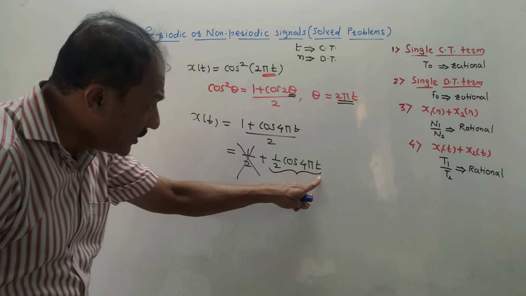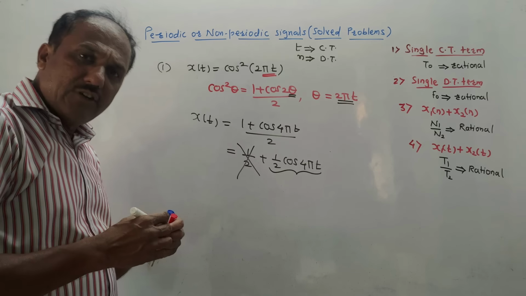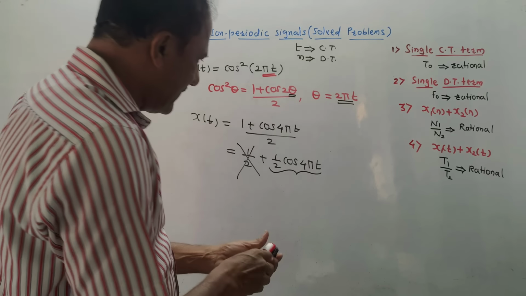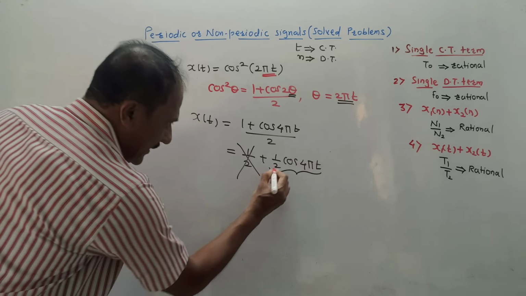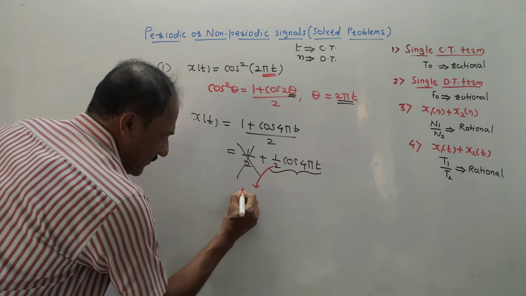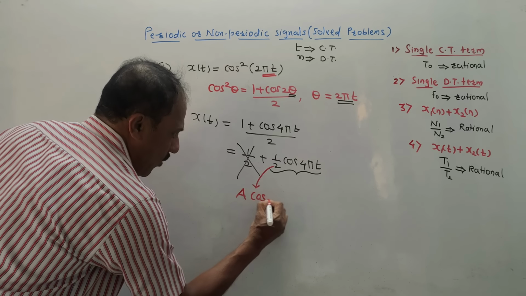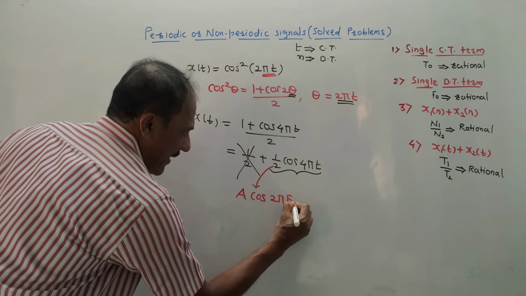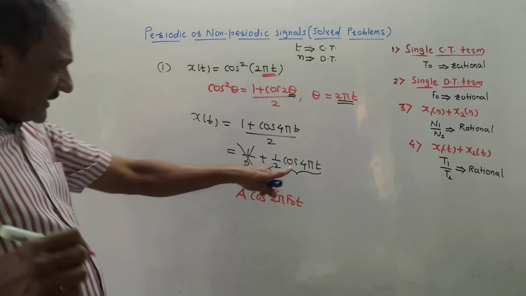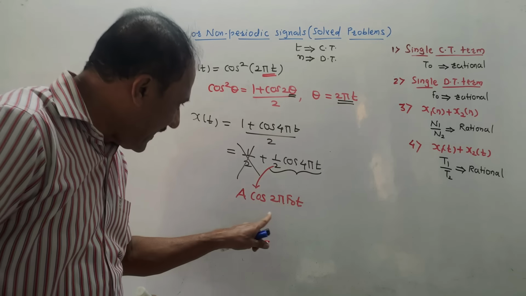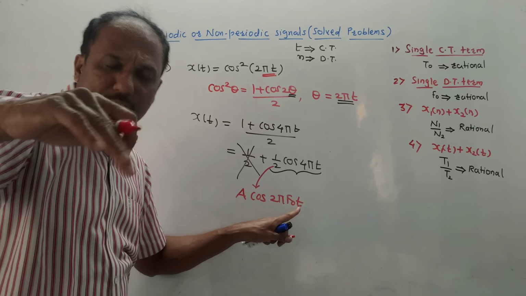Now, related to this equation, we have to write the standard formula. Make the thing simple. This is the cosine term. So related to this, the standard formula can be written as A cos 2 pi f0 t. This is a single term, only one term, so I am writing 2 pi f0 t.